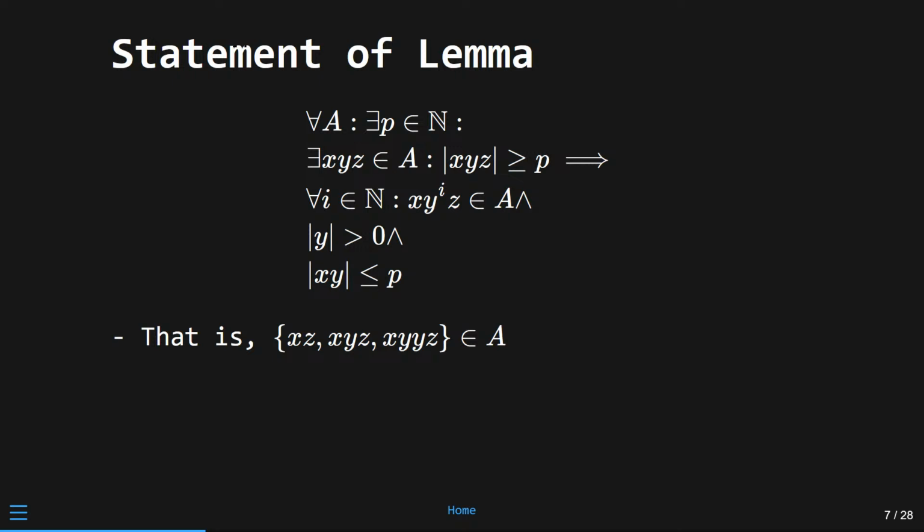And given this, for all natural values i, x, y to any number. So this is essentially x y star z is an element of the language. Okay? String that is an element of the language, another string that is an element of the language. These are strings, these are set elements.